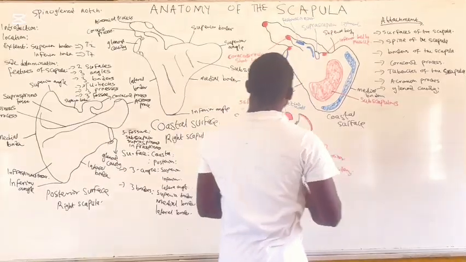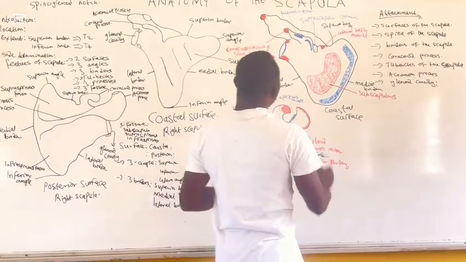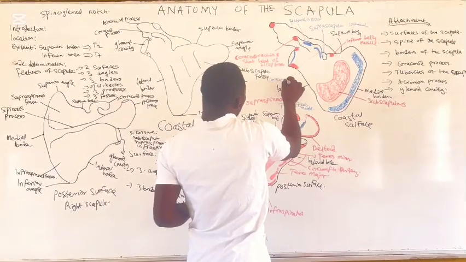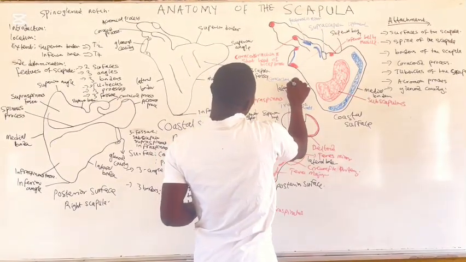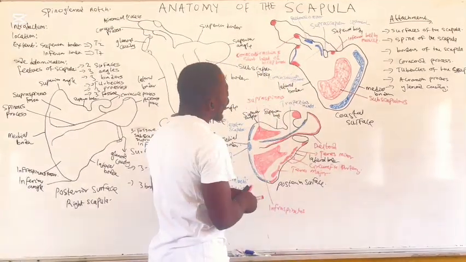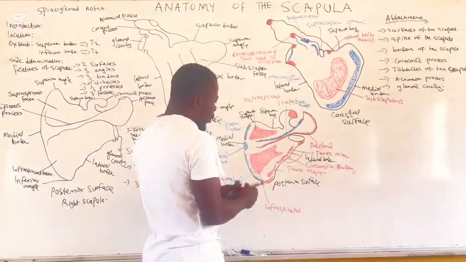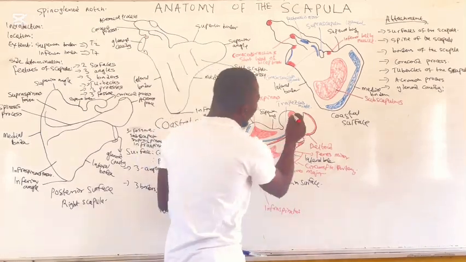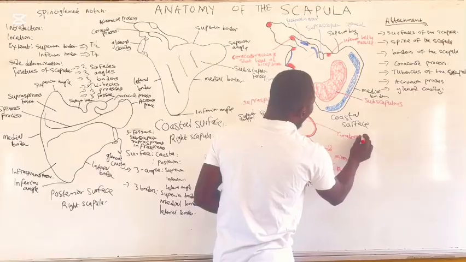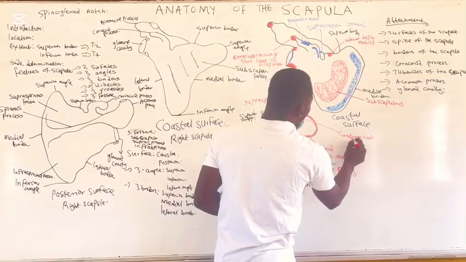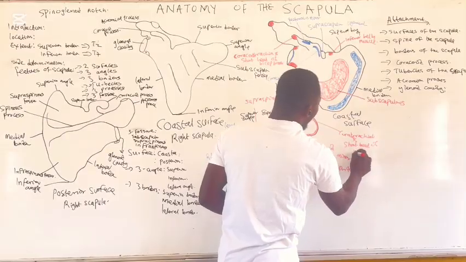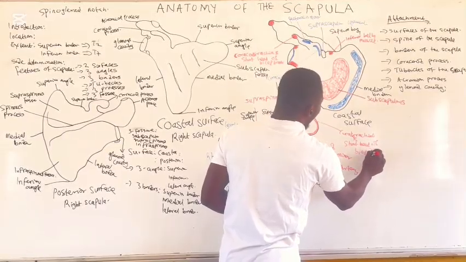Another attachment on the coracoid process is the coracoclavicular ligament. So those are the attachments on the coracoid process. From the posterior surface, we can see here the coracobrachialis and short head of biceps brachii.